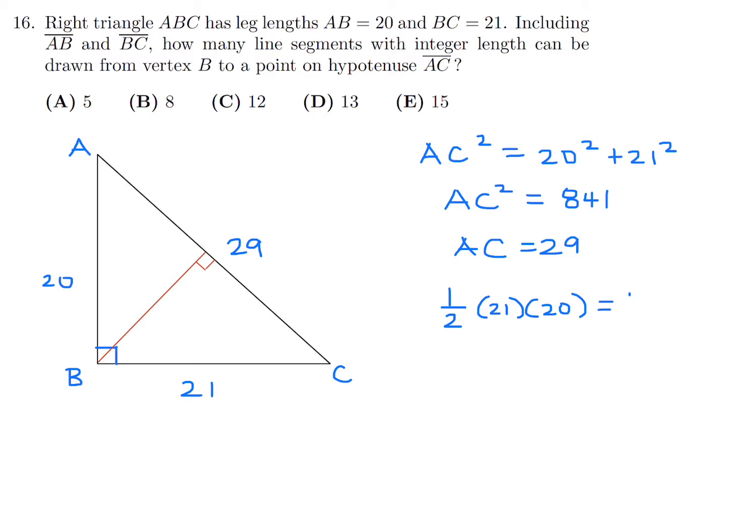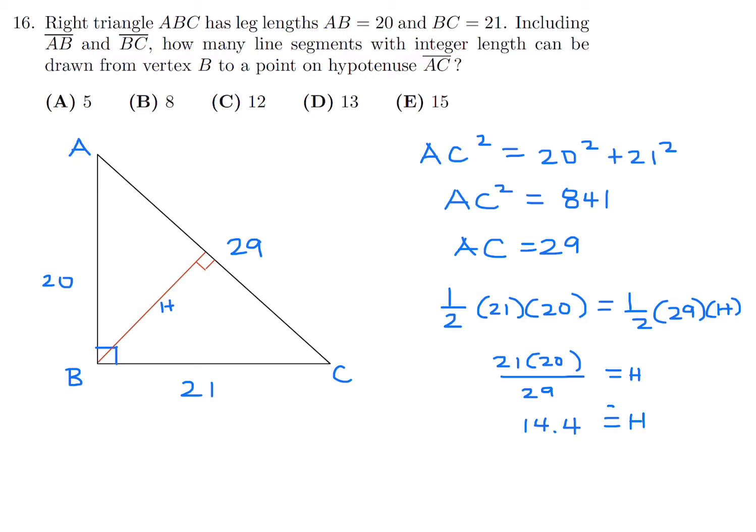Another way is 1/2 base times height, where 29 is the base, and that line I just drew, which I'll call H, is the height. This gives me 21 times 20 over 29 is equal to H, and that means H is approximately 14.4 or something like that. So the shortest distance from B is approximately 14.4.